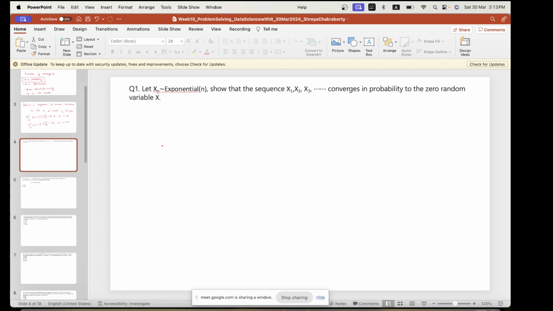So let us write limit n tends to infinity probability of modulus Xn minus X greater than or equal to epsilon.